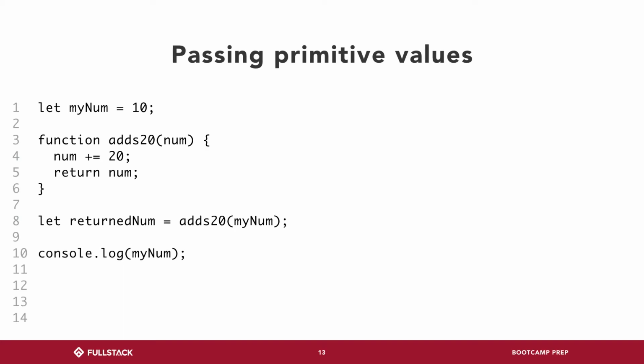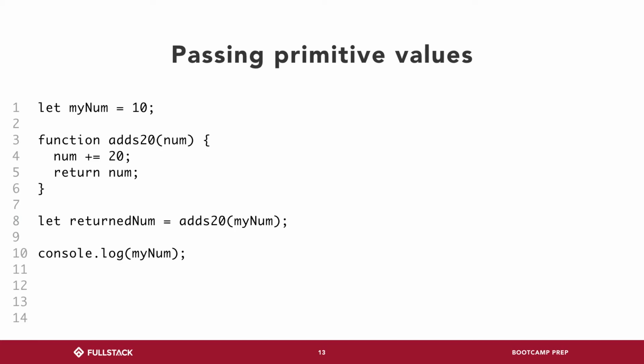It takes a parameter called num, and inside the function we're adding the integer 20 to the parameter num, and then returning num. On line 8, we are declaring another variable, this time called return num, and that variable is going to be the value returned by passing the value associated with mynum into the function.